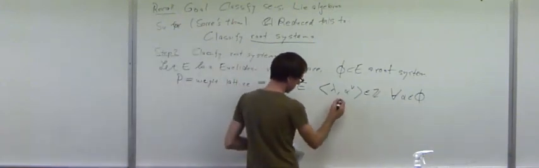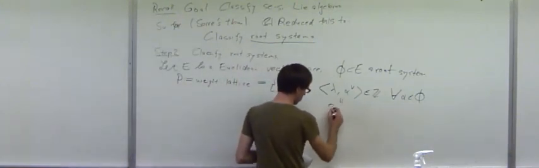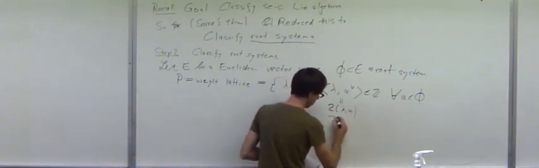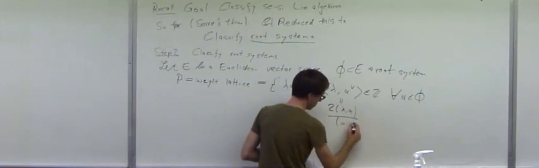So this was by definition just 2 times the inner product of lambda and alpha divided by the norm squared of alpha.